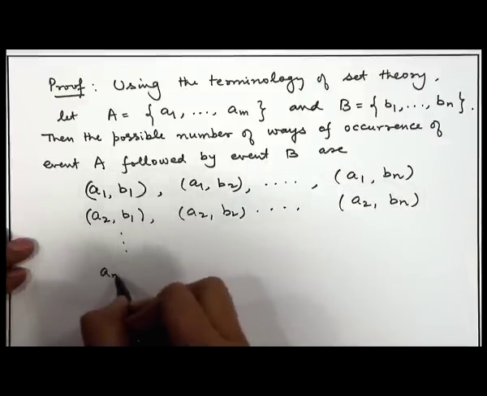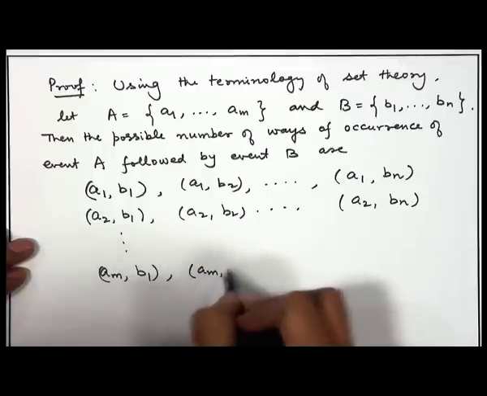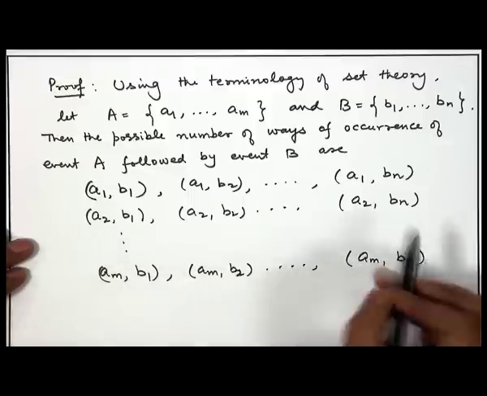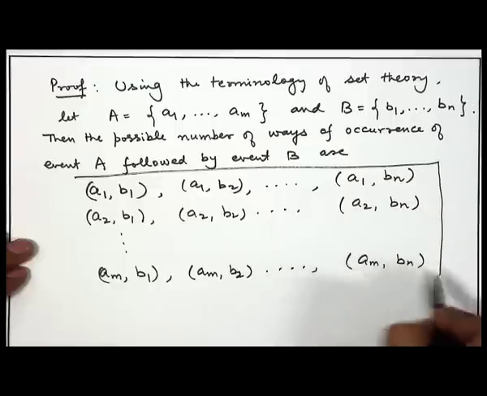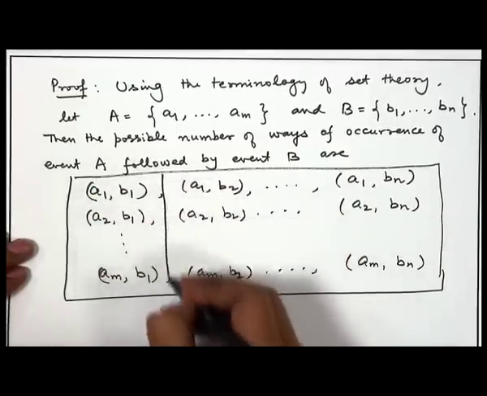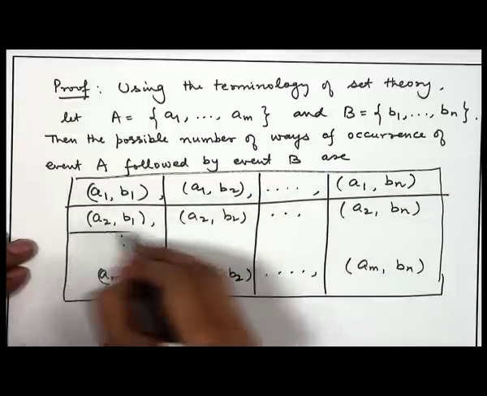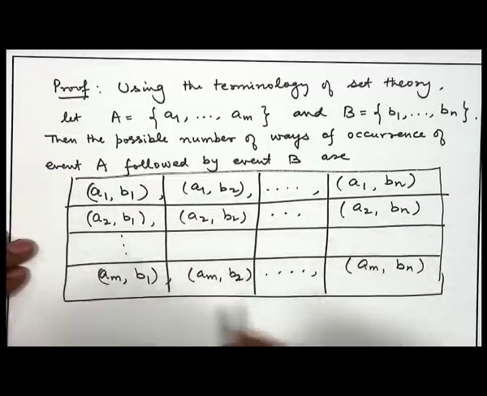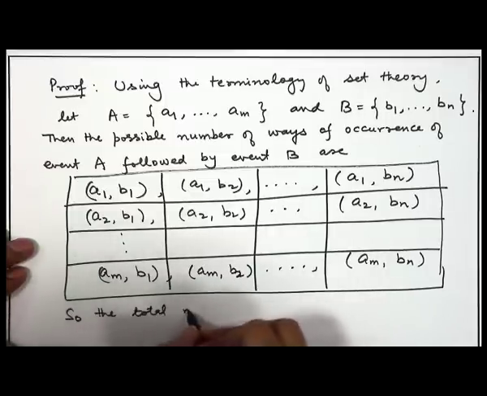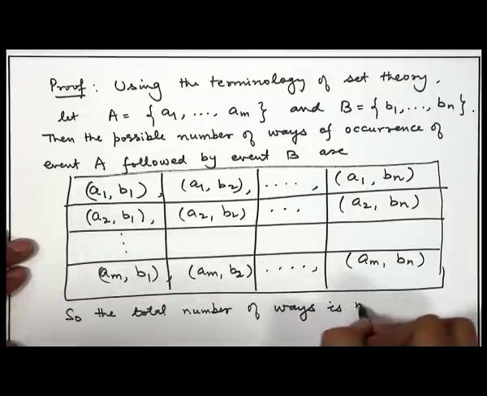Finally, here you can have the last method, that is travelling by car, and here you can have the first flight and so on. So, by this arrangement you can see that the total number of elements is m into n, because we are able to arrange all the elements in an m by n array. So, the total number of ways is m into n.